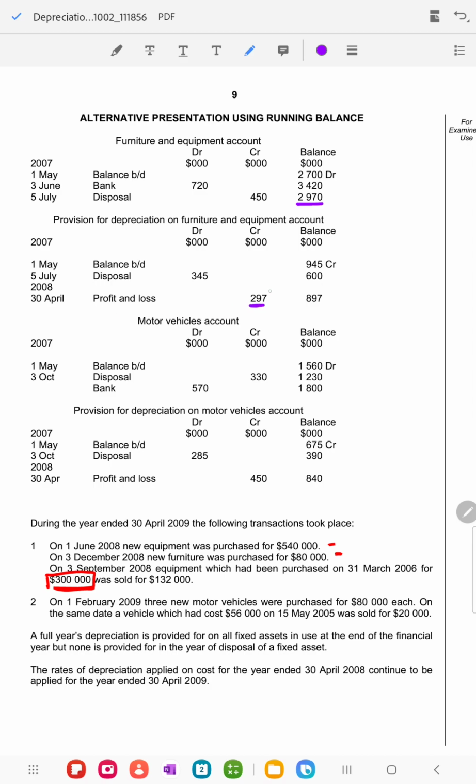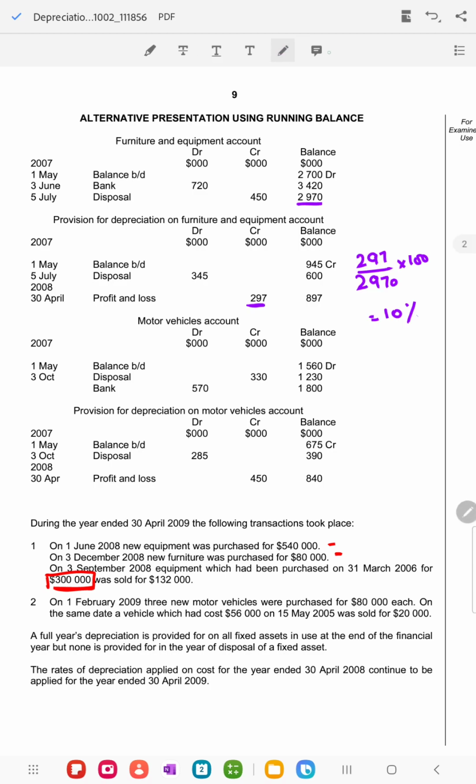I just need to find out the percentage, so 297 upon 2970 multiplied by 100. This gives me 10%. You can see it clearly, but it's still 10% if you have to calculate.